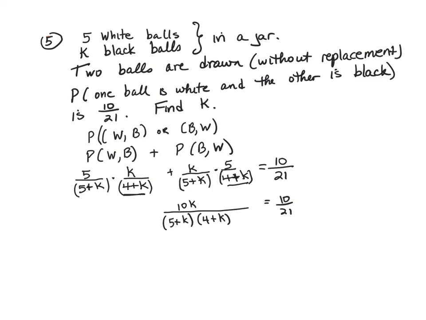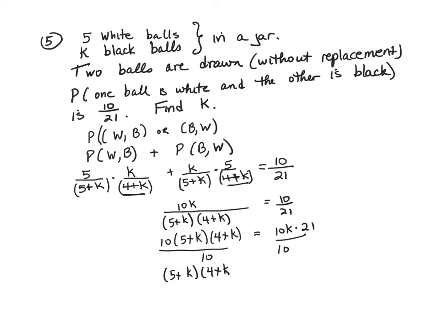All right, and to solve this, we can cross multiply. Notice I didn't multiply the 10 by 21 because I would like to divide each side by 10 and get (5 plus K) times (4 plus K) equals 21K.